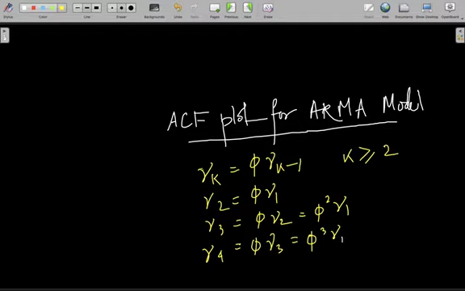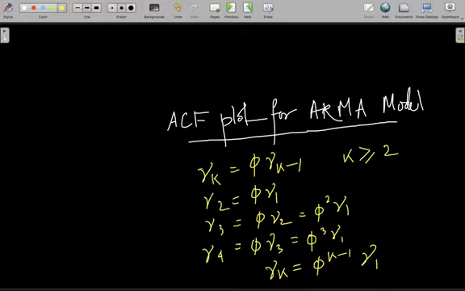So basically you can express it as gamma k equals phi to the power k minus 1 times gamma 1, right? And you get the gamma 1 value by solving the corresponding gamma values for k equal to 0 and k equal to 1.